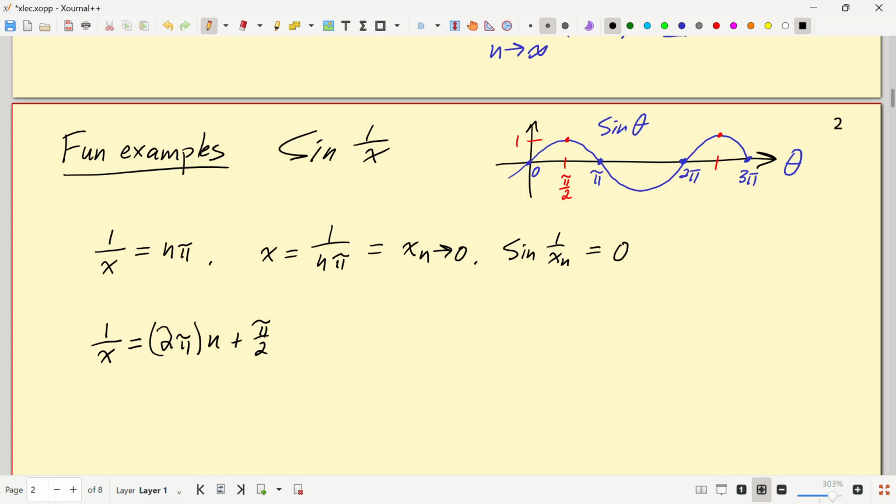I don't like taking n equal to 0, I want to start with n equal 1, so I'll take 2 pi times n minus 1, plus pi over 2.